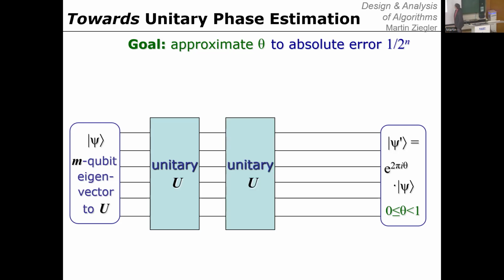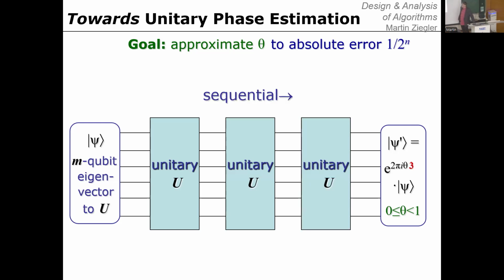We can also invoke it twice, which means that the resulting eigenvalue will be the original one squared. Squared means twice in the exponent, here 2. Or we can even invoke it 3 times, then it's 3 times in the exponent.